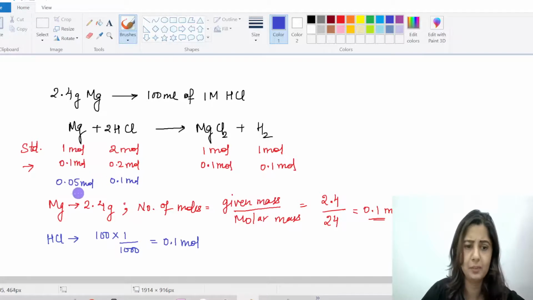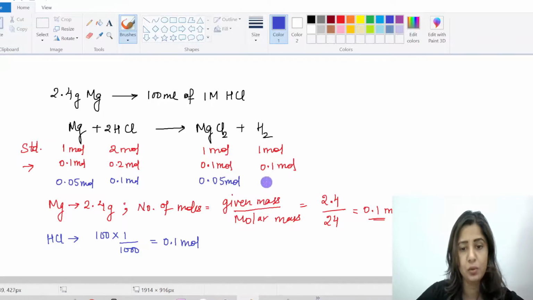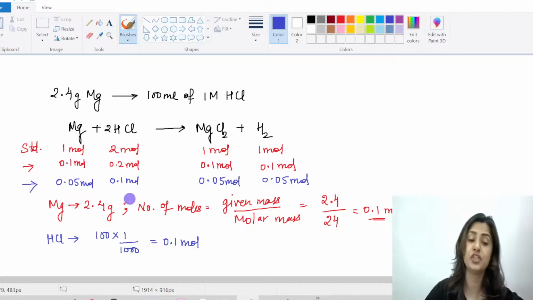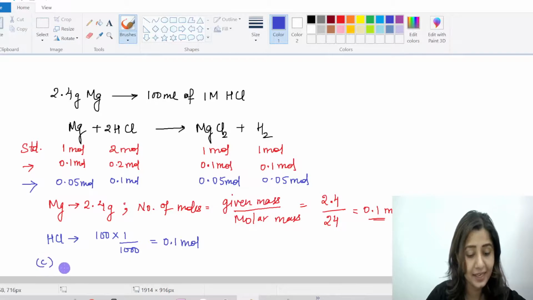Just do the cross multiplication, you will get the answer. Here also we will get 0.05 moles of MgCl2 and 0.05 mole of H2. This is the data we are getting from the given information in the question. So option C says that HCl is the limiting reagent, which is true. Yes, HCl is the limiting reagent.